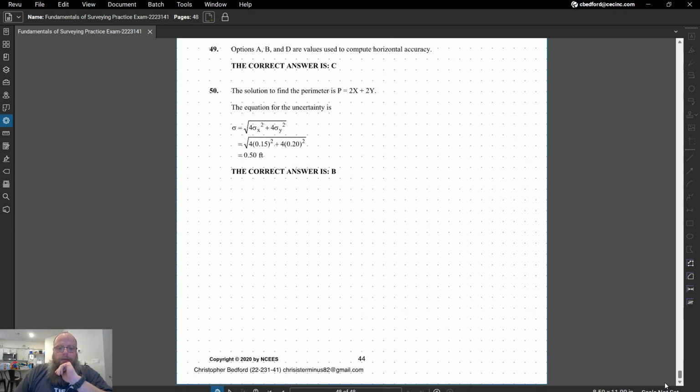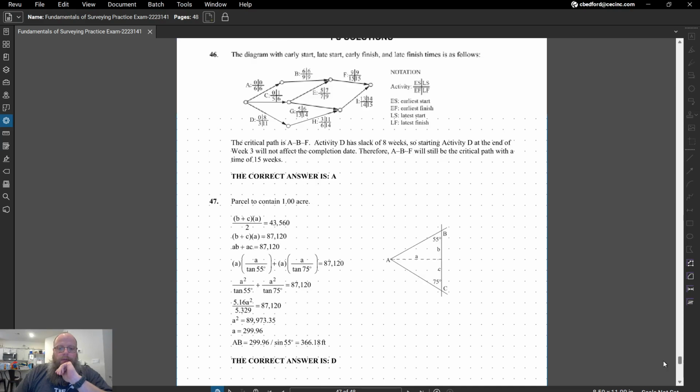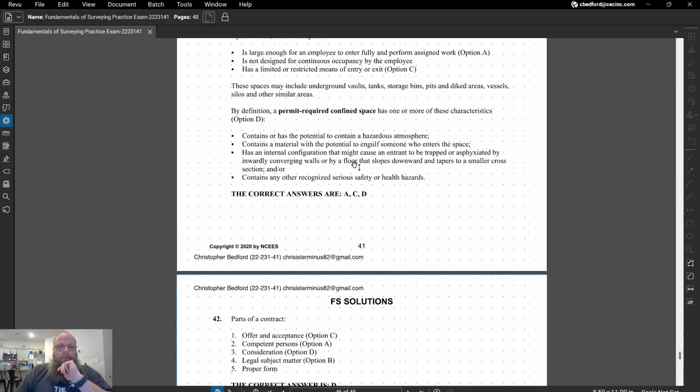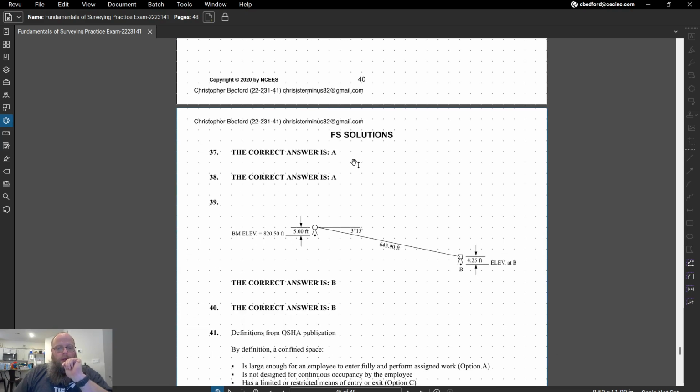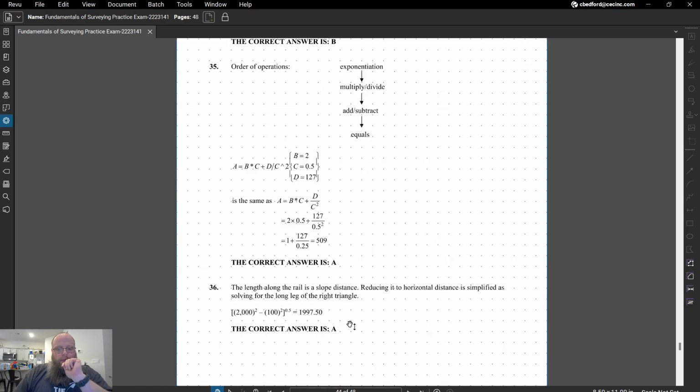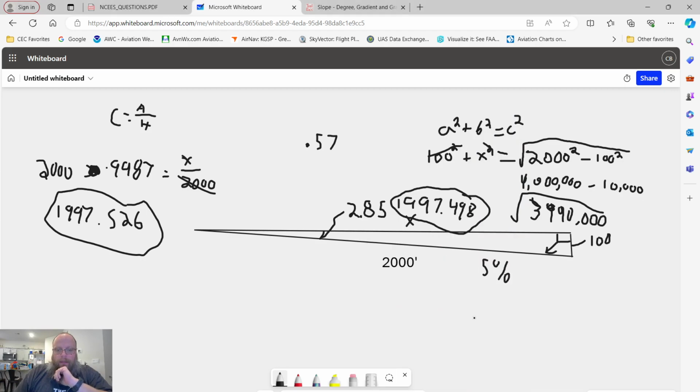I think it's down here. 36. There we go. So they used Pythagorean theorem. They just used a different technique to square it. They just raise it to 0.5. So got the right answer. Multiple ways of getting that.